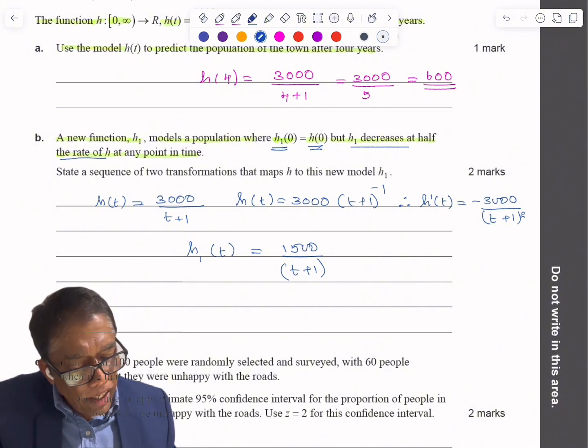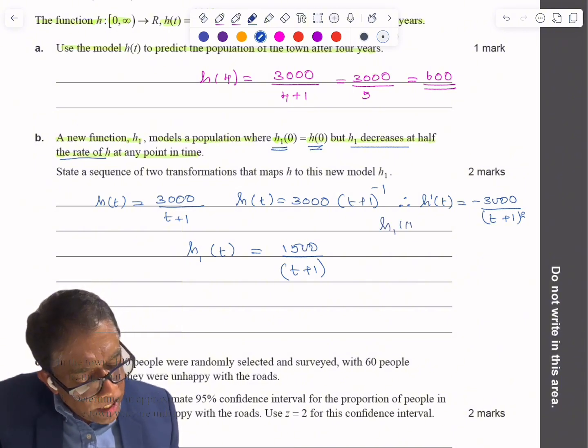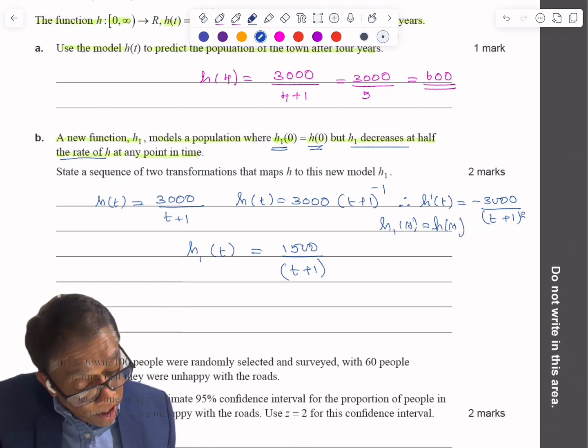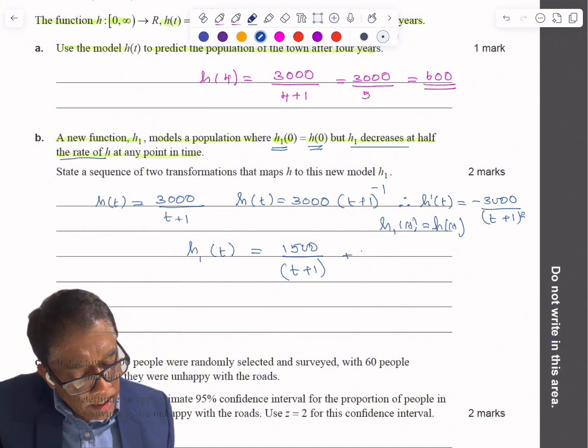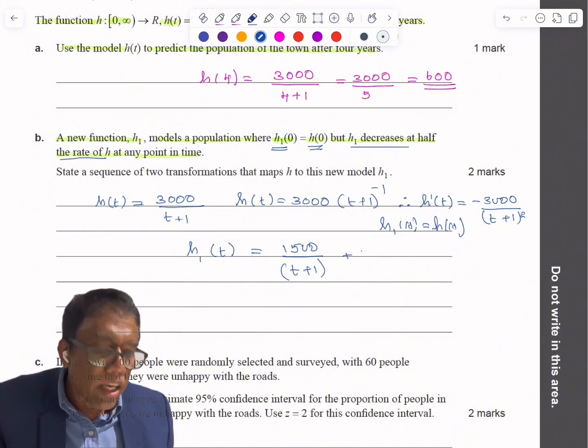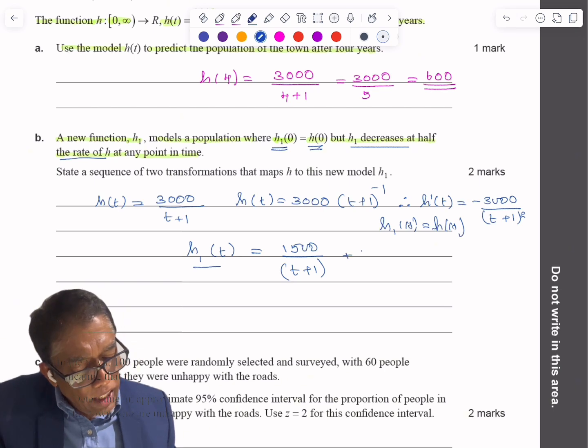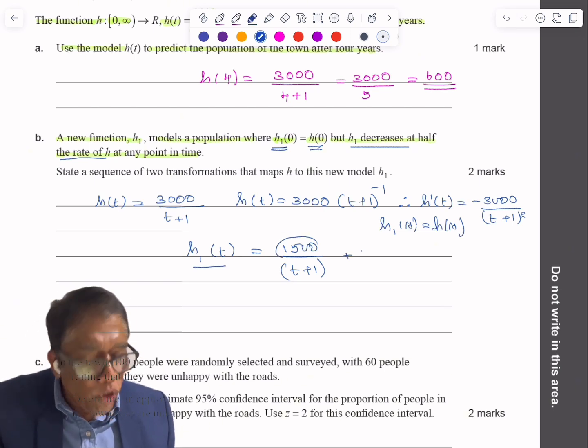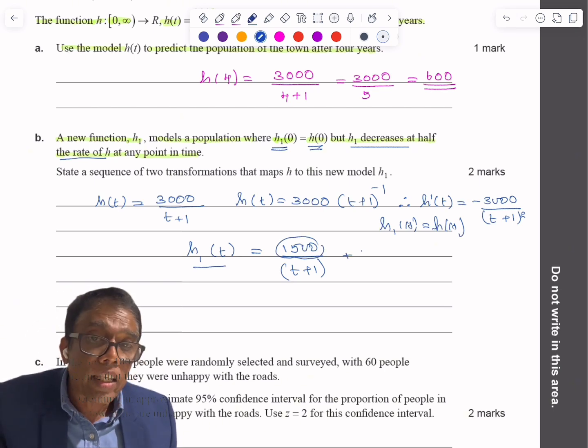But if we consider h1(0) equal to h(0), what is h1(0)? If we write h1(t) as 1500 over t plus 1, then h1 of 0 is equal to 1500.